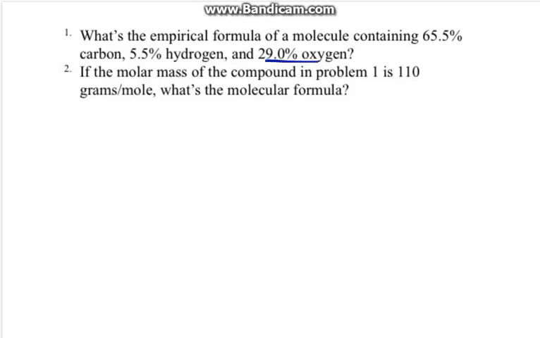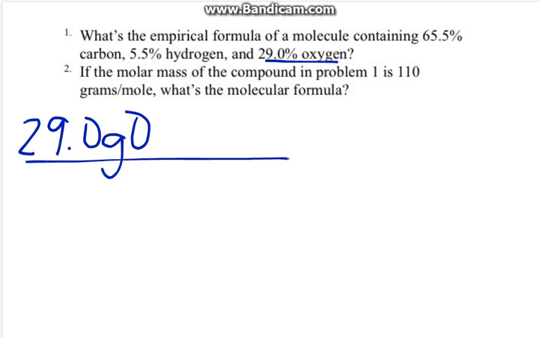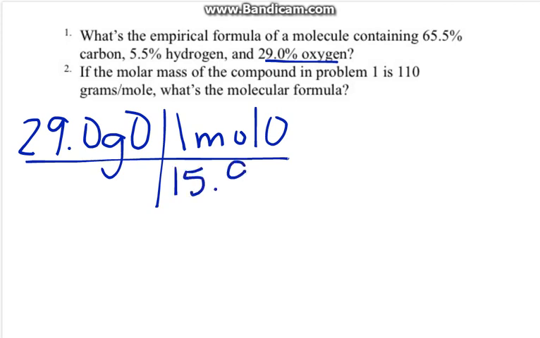Oxygen has a mass of 29.0 grams in our problem. To change it to moles, our mole goes on top. And then on bottom, what we need to do is look it up on the periodic table. We find that its molar mass is 15.99 grams.